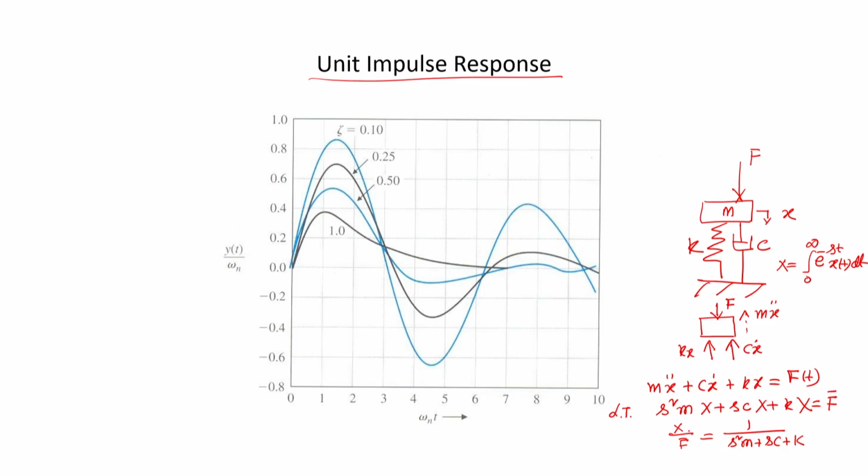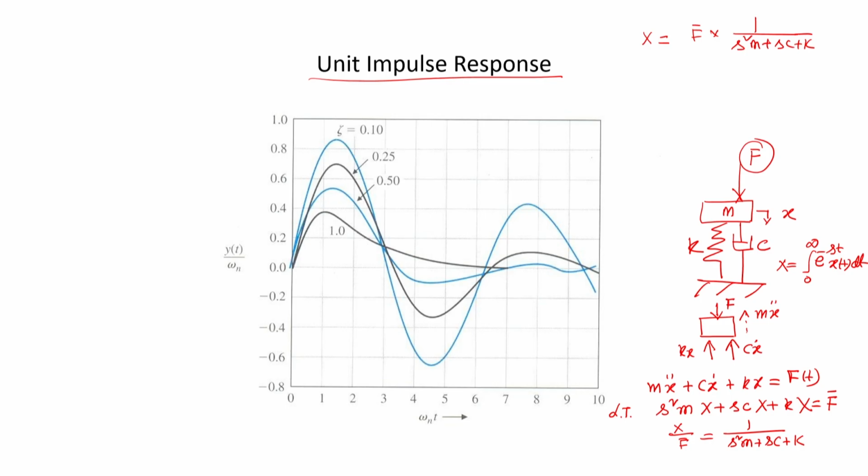This is the transfer function, and that tells us that X equals F bar into 1 over s square m plus s c plus k, and this F bar is the frequency domain transformation of f of t.